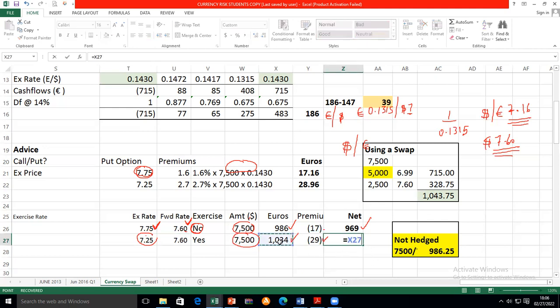That minus that, there we are. So these are the results of using an option.